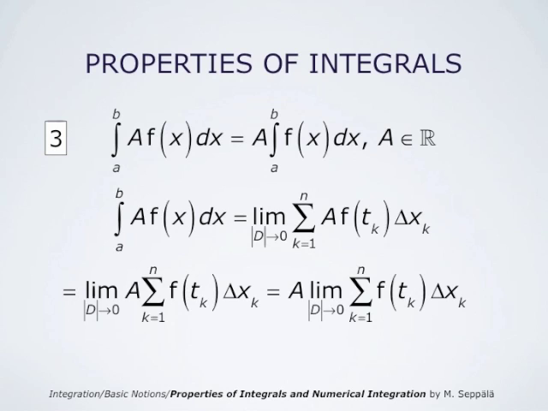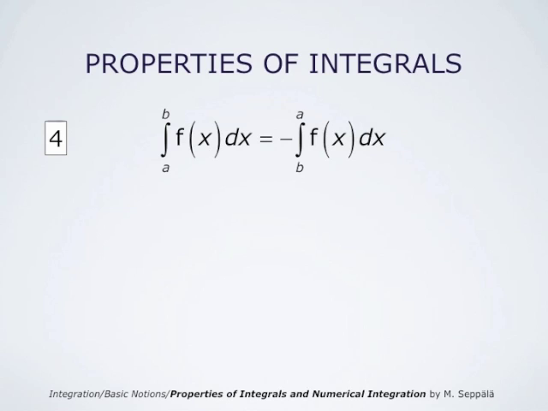But this sum is a Riemann sum for the integral from a to b of the function f of x dx. Therefore we conclude that this is same as a times integral from a to b f of x dx. That is, a multiplicative constant can be taken outside of integration.